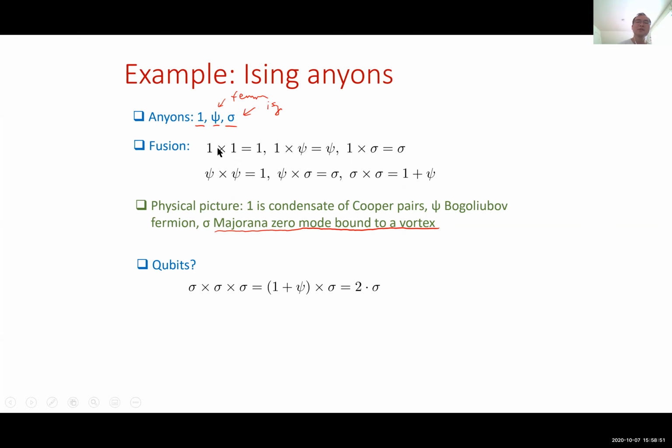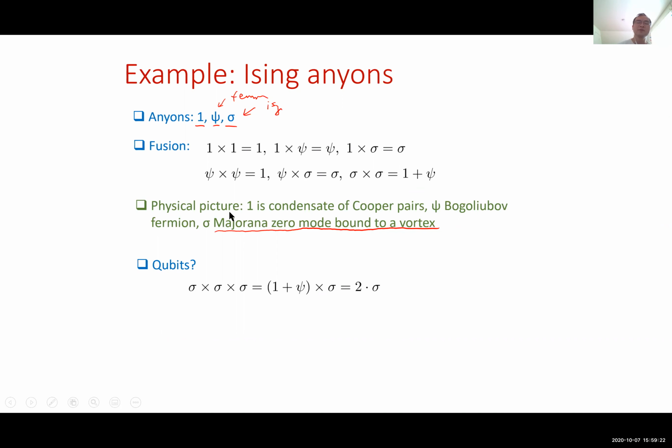The fusion is, of course, for a vacuum, if fused with any anyon, it's always that anyon. And if you have 2 fermions, they will fuse to a vacuum. If you have a fermion fused with the Ising anyon, it becomes the anyon itself, the sigma anyon. If you fuse 2 sigma, it can become vacuum, and it could also become a fermion.